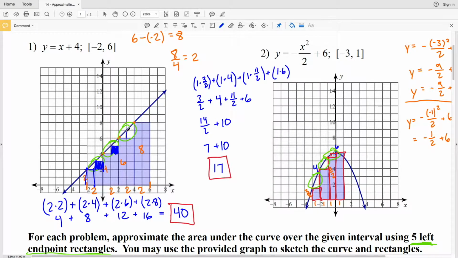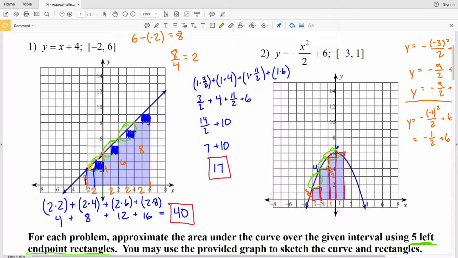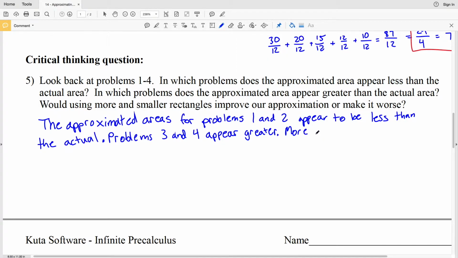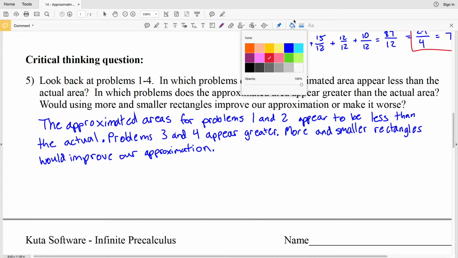If we were to use 8, you can see that the area becomes more accurate because our gaps are now smaller than what they once were. Therefore, more rectangles would improve our approximation. So more and smaller rectangles would improve our approximation.